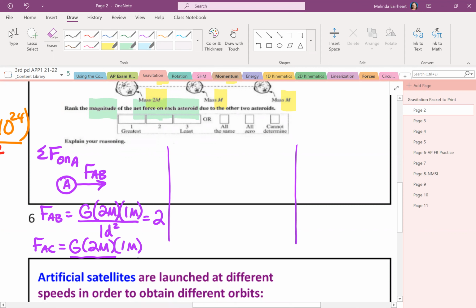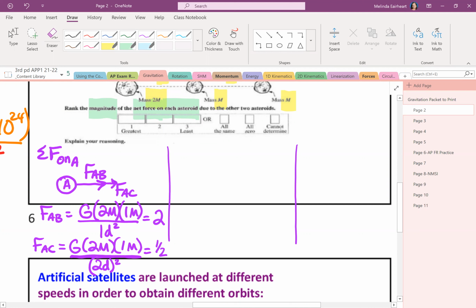But now, how far apart are A and C? 2D, don't forget to square. So I end up with 2/4, which is what? 1/2. So it's a weaker force. And so in my diagram, I'm just going to try and draw it maybe 1/4 of the size. So the FAC is a much smaller force.